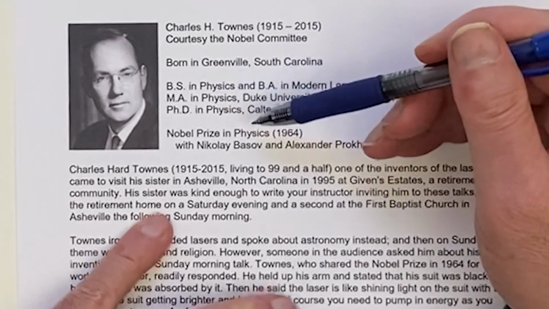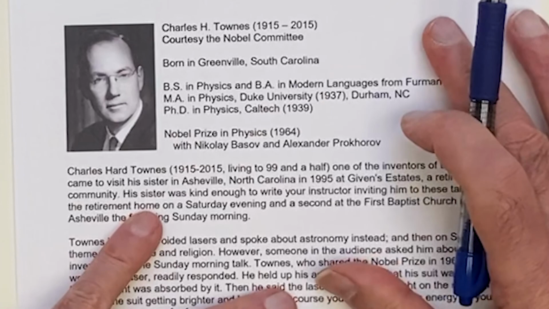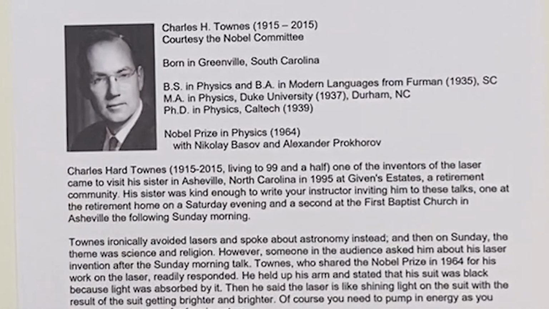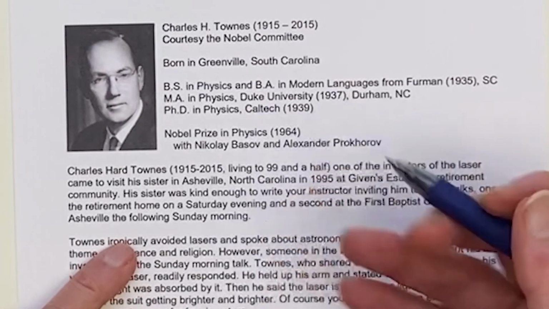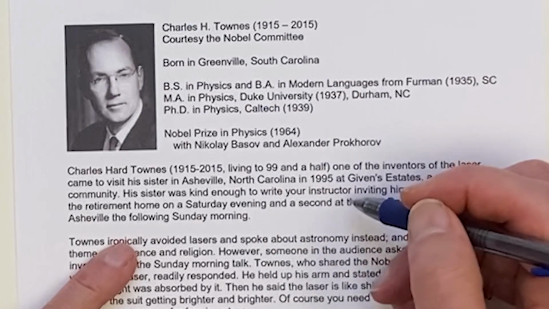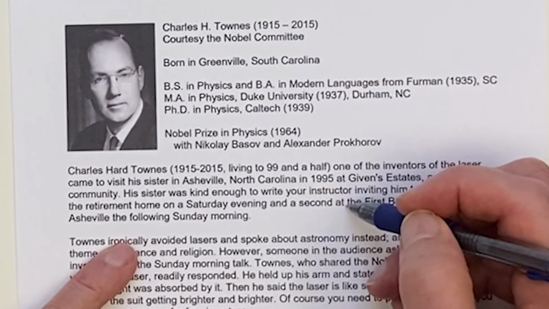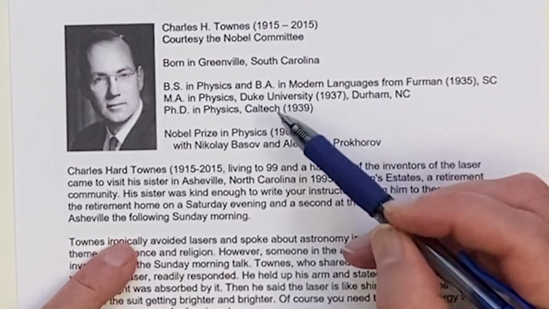He gave a talk at Givens Estates, and he gave a talk the next day at the church, First Baptist in Asheville. He talked about astronomy, and he talked about religion and science, but he didn't talk about lasers.